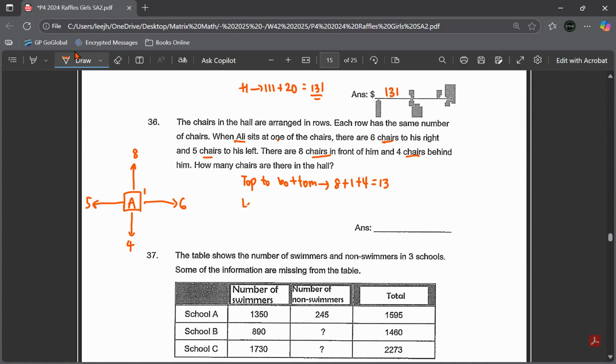Left to right is 5 plus 1 plus 6, because he's in one of the chairs on the seats. So it's 12. So which means we will have 13 rows of 12 seats. So total 13 times 12, 156.